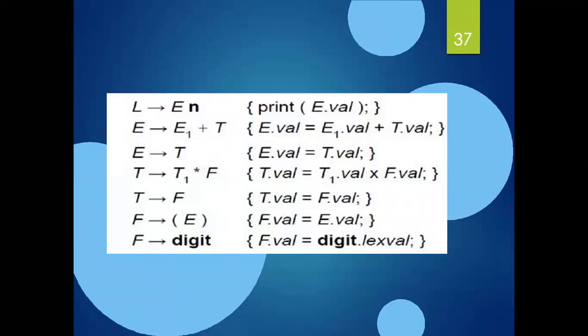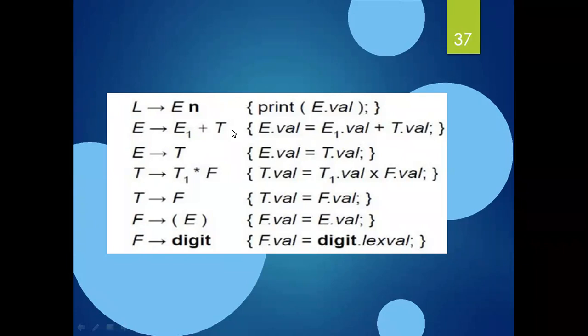See in the slide, there is an example where the grammar consists of some set of rules, and for each and every rule there is a corresponding semantic action written there. And what it means is the semantic actions are the rules for the corresponding production rules.